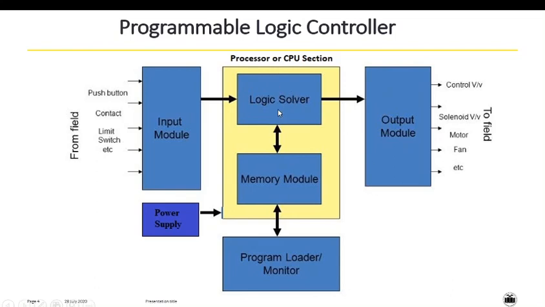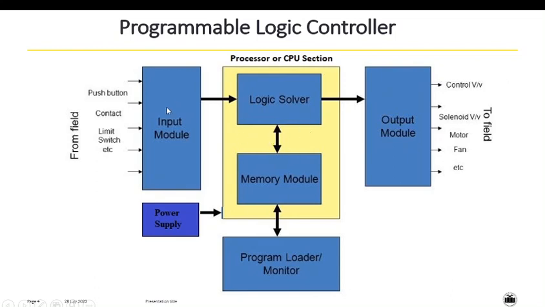Based on the logic which we have programmed into this CPU, the processor will execute the logic and prepare the output signal. The status of this output signal is stored in the output register, and at the output module certain actuators are connected, which will convert the electrical signal again into the physical signal which is required.